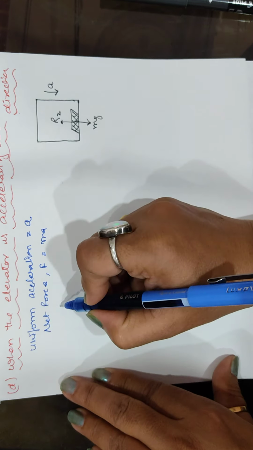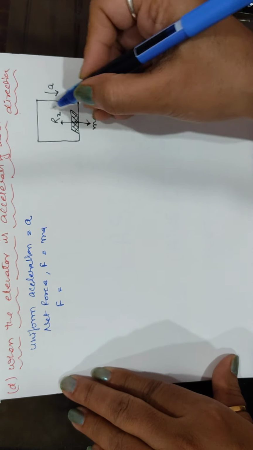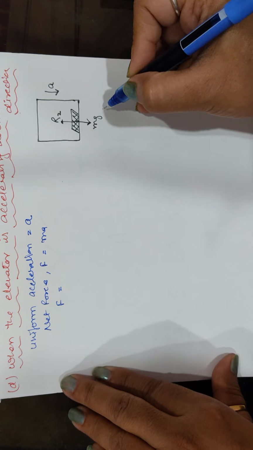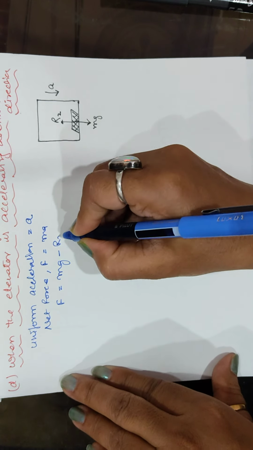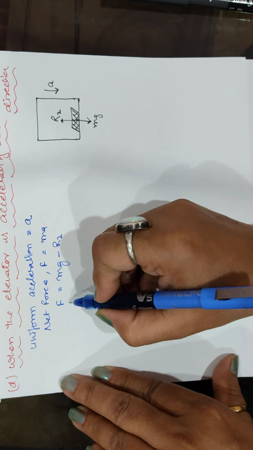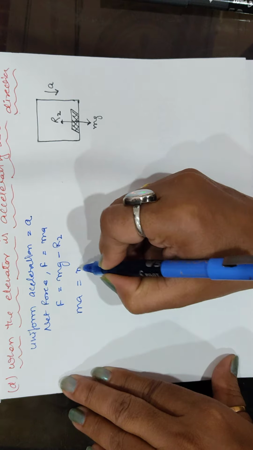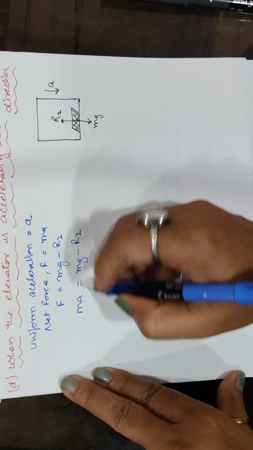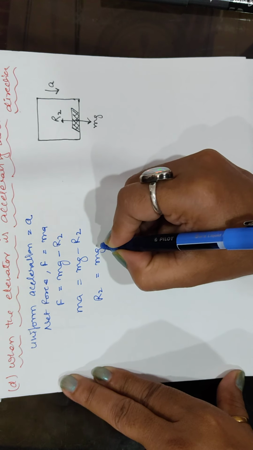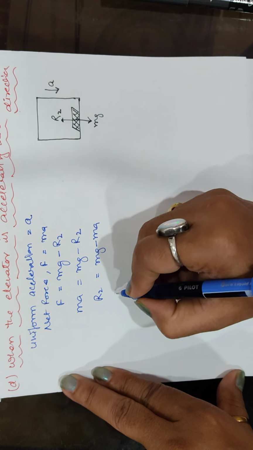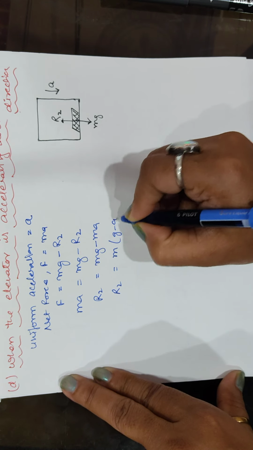Now this force is balanced by, because the motion is in downward direction, that means weight mg is more, so mg minus R2 you can write here. Now replace force ma, mg minus R2, or you can write R2 is equal to mg minus ma, or you can write R2 is equal to m(g minus a).